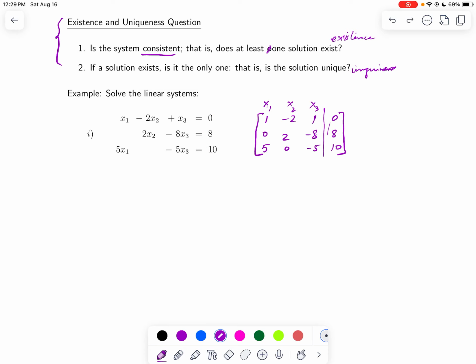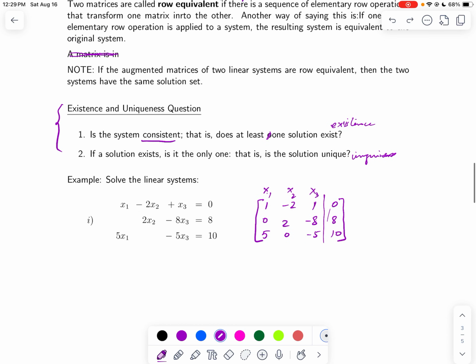Okay, so what is the idea now? The idea is this: if you have a square matrix, we want the matrix to be like this. Let's say I'm making a 3 by 3 matrix.